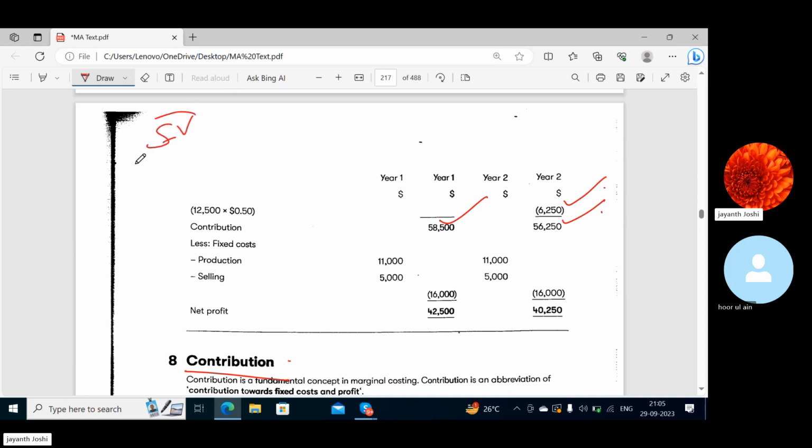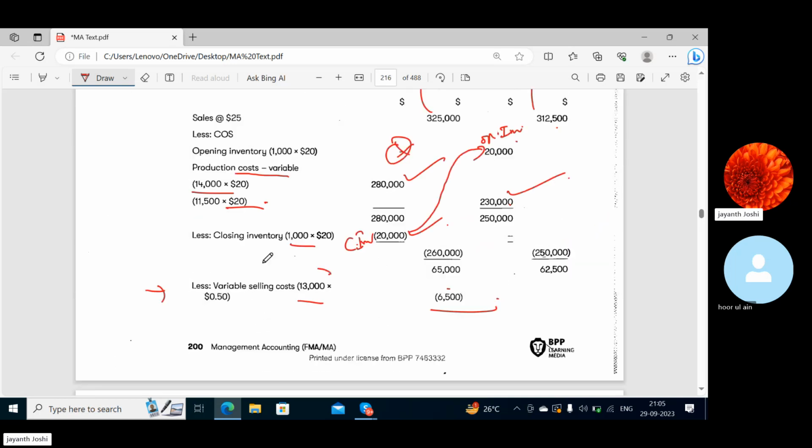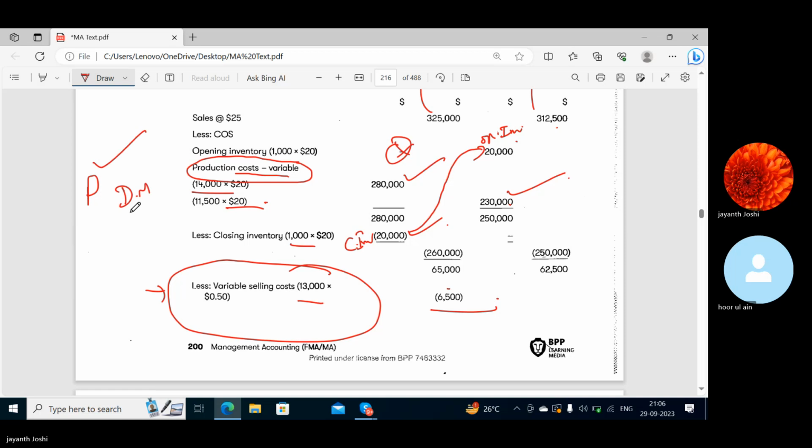Sales minus variable cost, any type of variable cost, is contribution. What variable costs have we taken? We have taken variable selling costs and variable production costs. And you should understand that only the product cost has material, direct labor and production overheads, or manufacturing overheads.